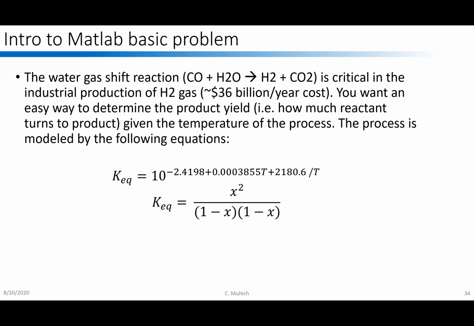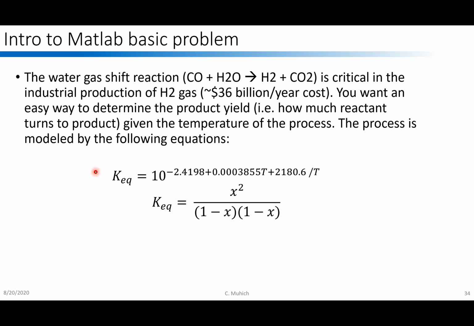That temperature dependency of the equilibrium is given by this equation here, where the equilibrium constant is 10 to the power of negative 2.4198 plus 0.0003855 times the temperature in Kelvin plus 2180.6 divided by the temperature, once again in Kelvin. So this will give us our equilibrium constant.